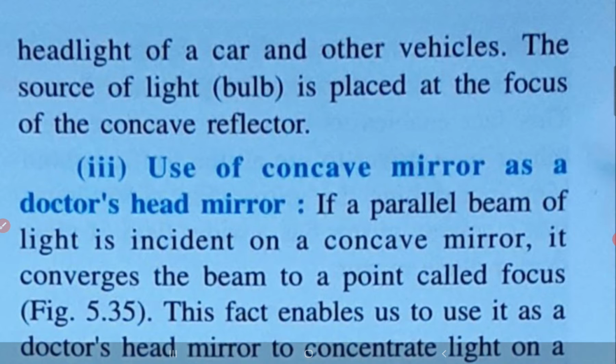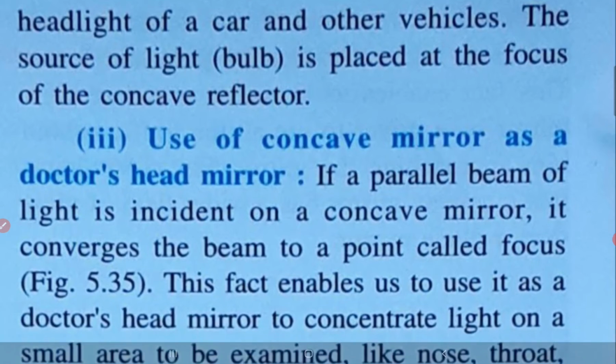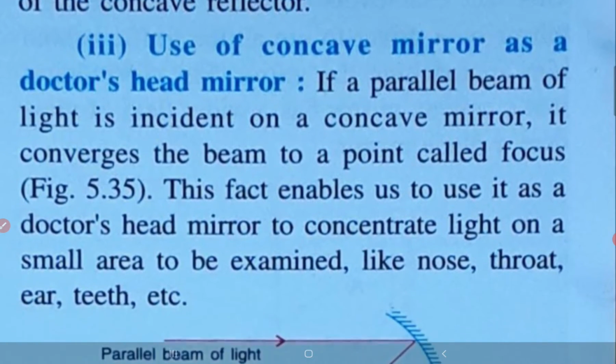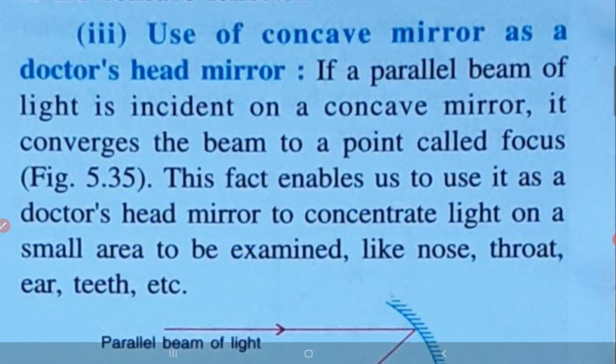So point number 3, use of concave mirror as a doctor's head mirror. If you have gone to an ENT doctor, when they start checking your ear, nose or throat, they put on a kind of cap where the bulb glows and the doctor starts looking at the patient.